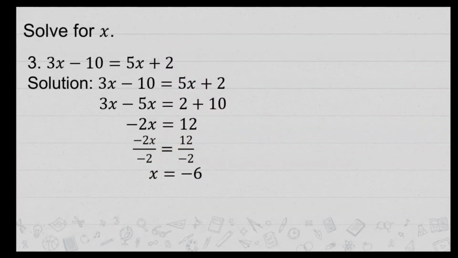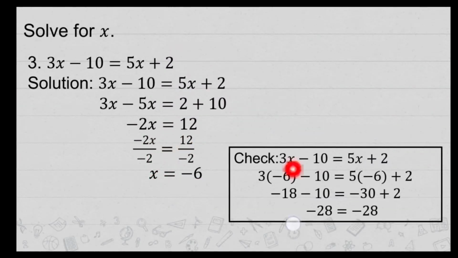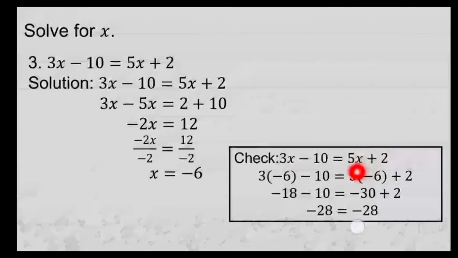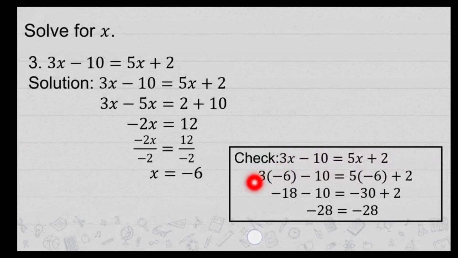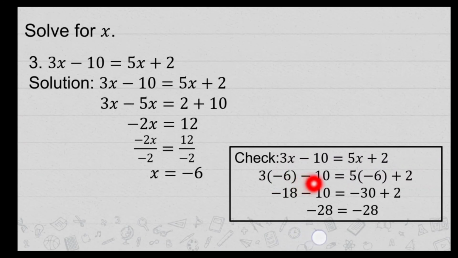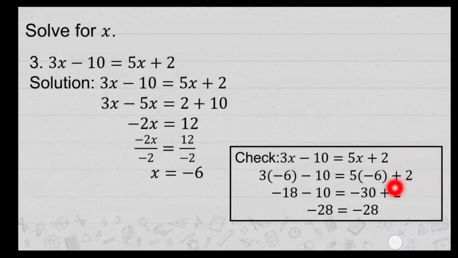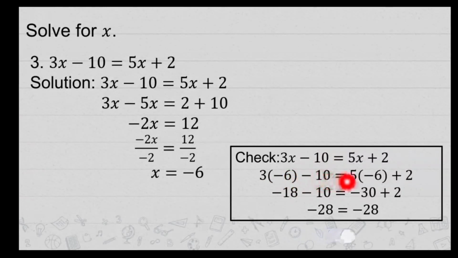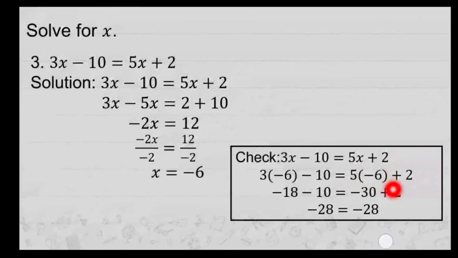But, let us check if it is true. As you can see, we have to change x to negative 6 and x to negative 6 as well. So, we will be having 3 times negative 6 minus 10 is equal to 5 times negative 6 plus 2. Okay, let's simplify. 3 times negative 6 is negative 18, minus 10, is equal to 5 times negative 6 is negative 30, plus 2.